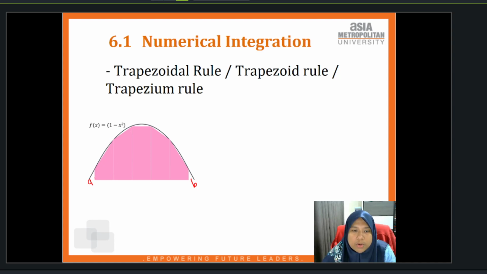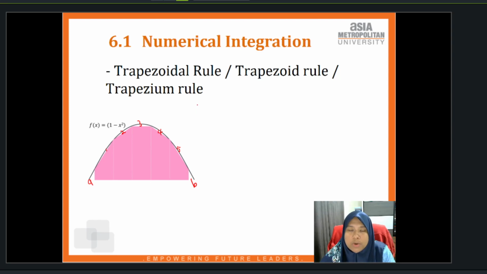Let's say we draw like this: first, second, third, fourth, fifth. So we got 5 trapezium, right? If we draw like this, we can find the area under the graph using the trapezium equation. We have 1 trapezium, 2, until 5 trapezium.